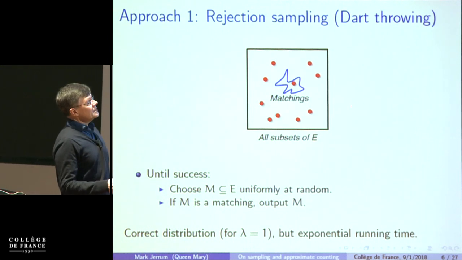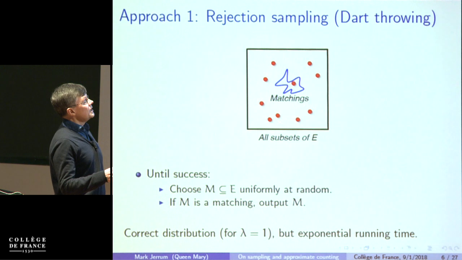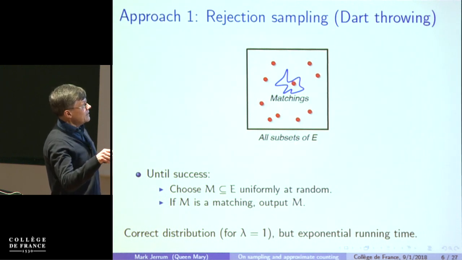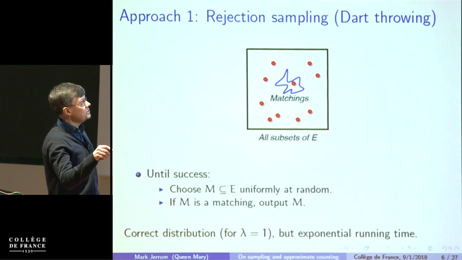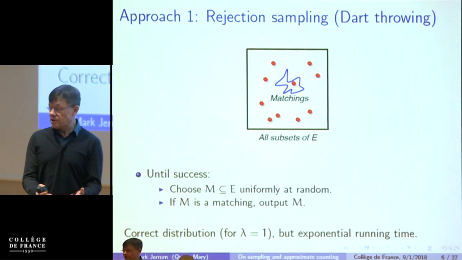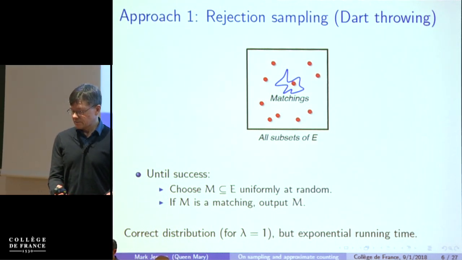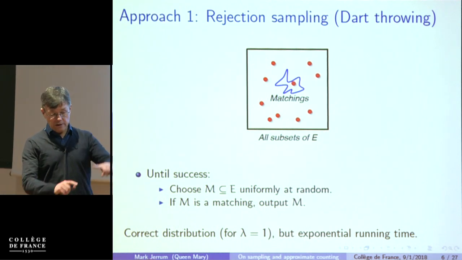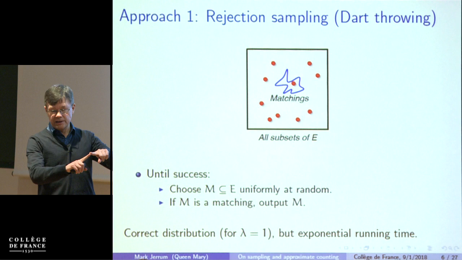So one way of doing it is dart throwing, or Monte Carlo. Here, this is drawn as a square because it's supposed to be all possible subsets of the edges. Some of them will be matchings, and some of them will not because they'll have edges which collide.